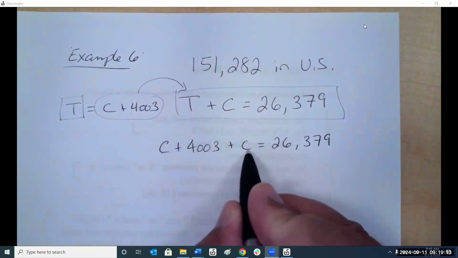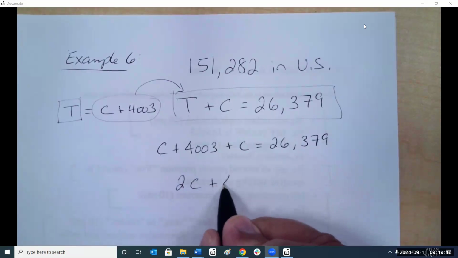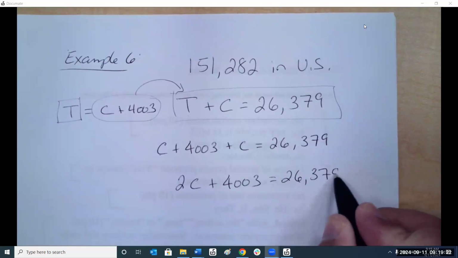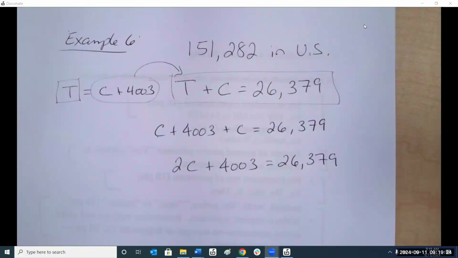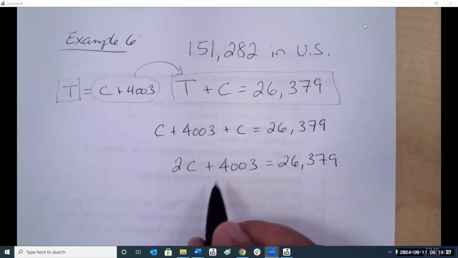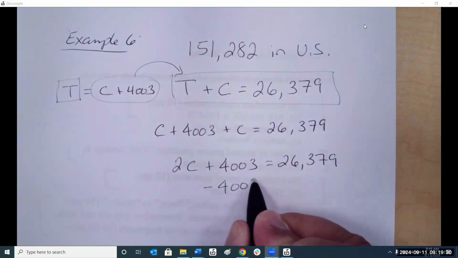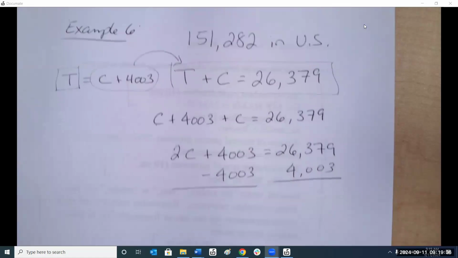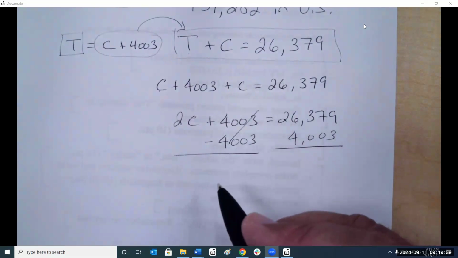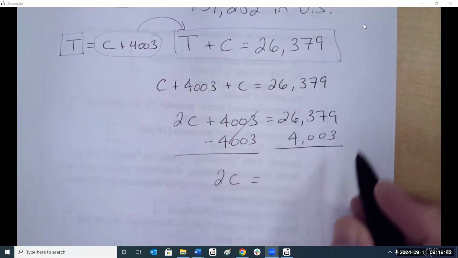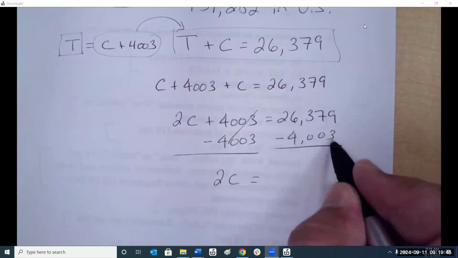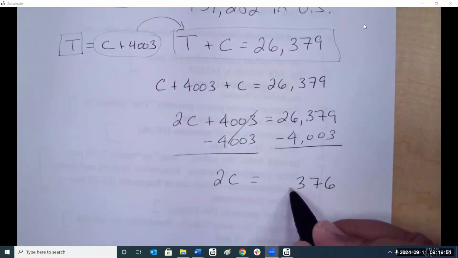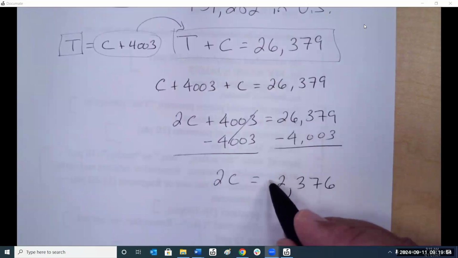Combine like terms, we have C plus C, we have two C's plus 4,003 equals 26,379. To get the C by itself, I gotta subtract 4,003 from both sides. I have 2C equals 9 minus 3 is 6, 7 minus 0, 3 minus 0, 6 minus 4, 2.